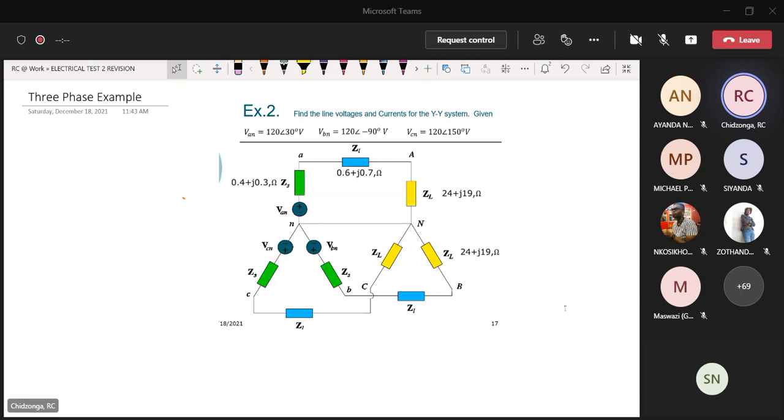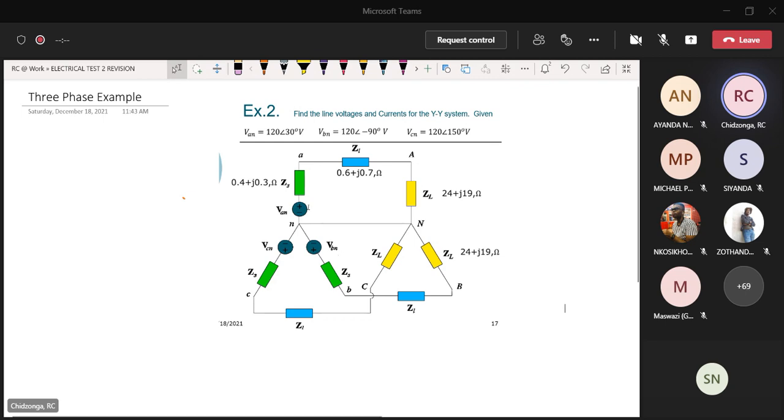Because it is balanced, the same thing will be happening in the other two phases, with the correction for the phase angle only. Now, we normally use what we call a one-phase equivalent circuit when the network is balanced like this.